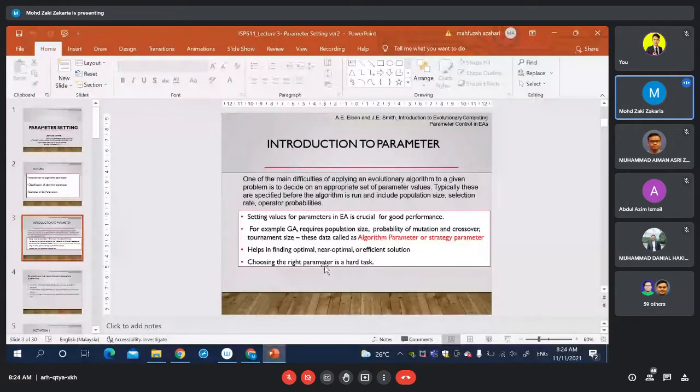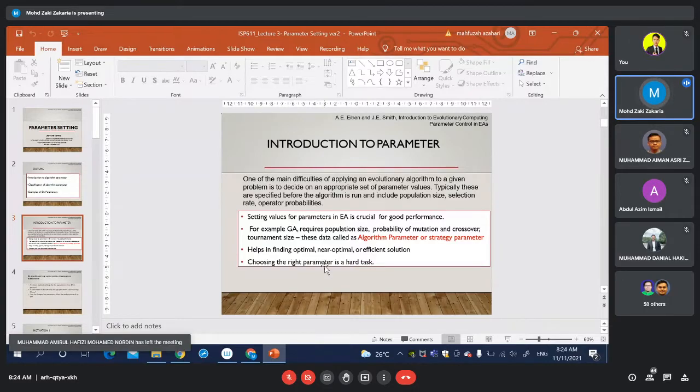Okay, then setting value for parameter of EA is crucial for good performance. Okay, then the main objective is to make sure that when we run that application, it is in good performance.